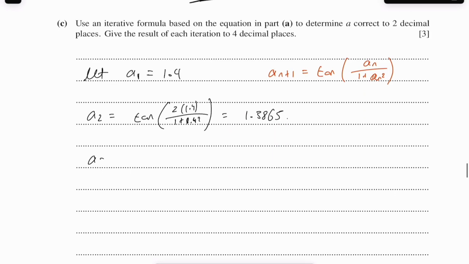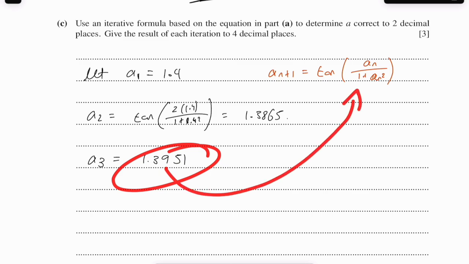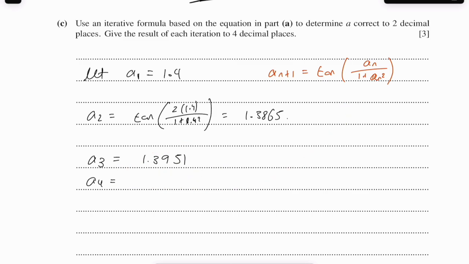So then A3, what's the value of A3? Well, we're going to plug in A2. It's going to give us 1.3951. So now we plug 1.3951 into this. So A4 is equal to 1.3896. Now we plug this into this.